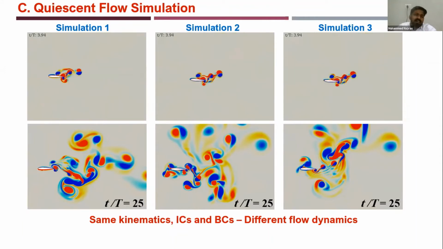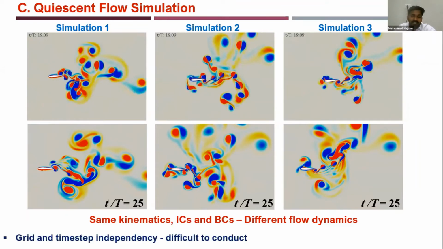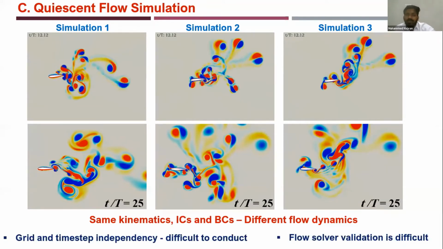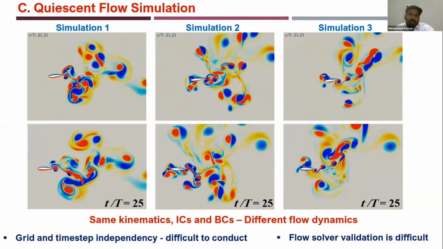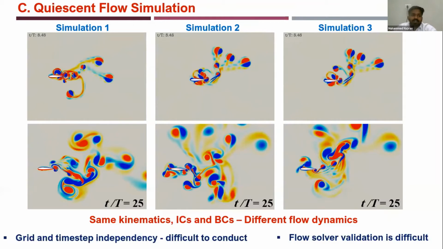This makes it hard to achieve grid independence or time step independence. And since there are not many works available in the literature where we observe a periodic pattern, like in the case of free stream, it is very difficult to validate the flow solver in the quiescent flow condition.